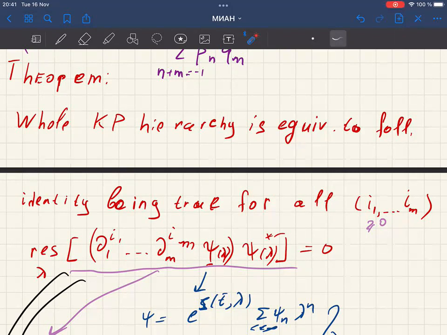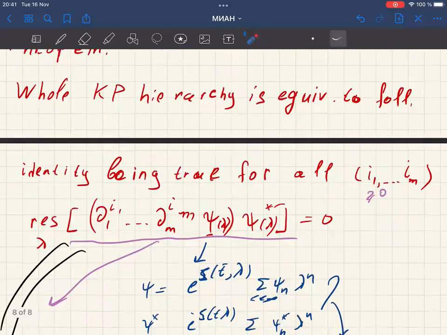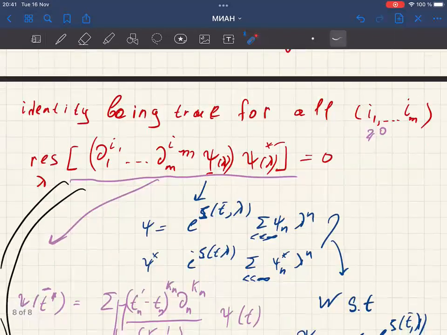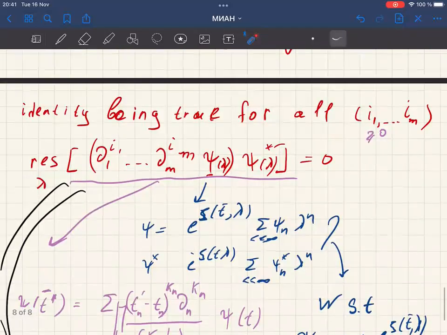Since from psi we could define this operator L, if we have some psi which satisfies this. So these equations, we can define. No, you have to prove that you can define.